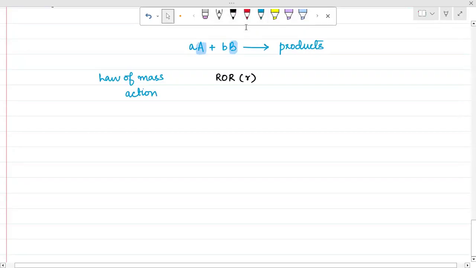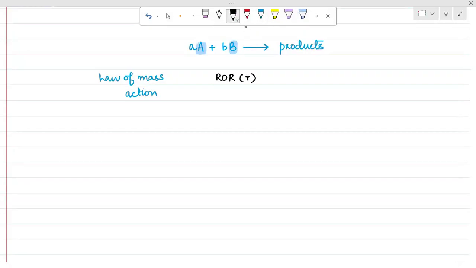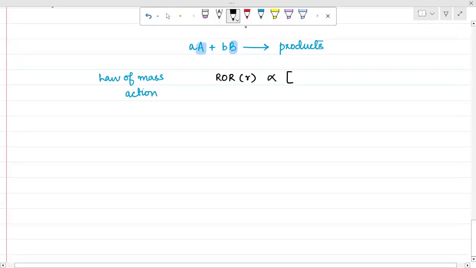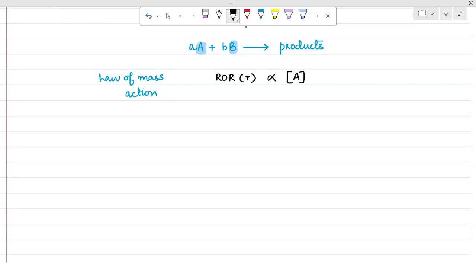You write it as rate of the reaction is proportional to the active masses. Active masses means concentration of reactant A and concentration of reactant B. Okay? So what they say is rate of the reaction is proportional to the active masses of the reactants raised to some powers.